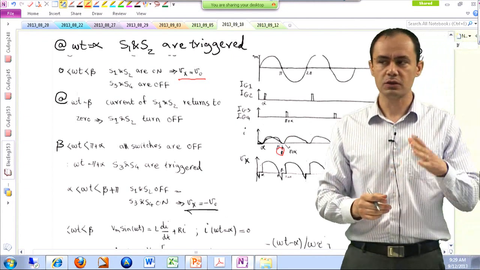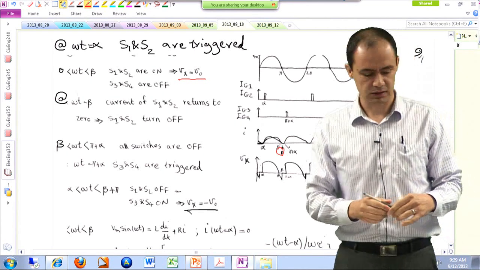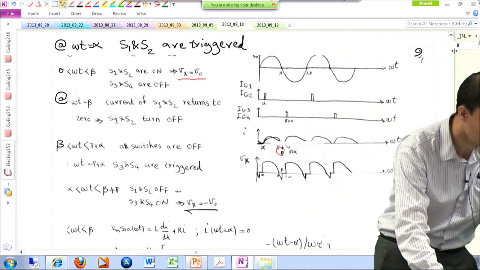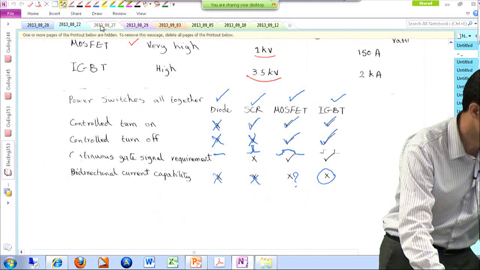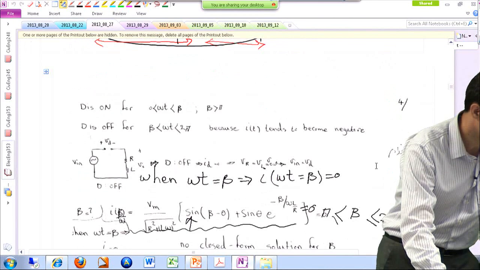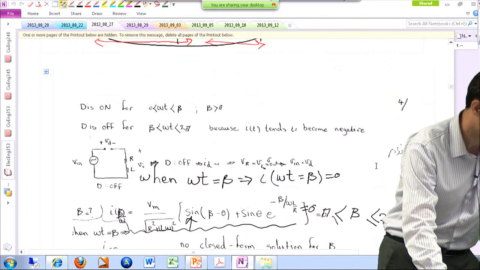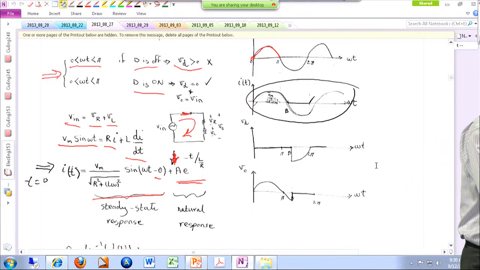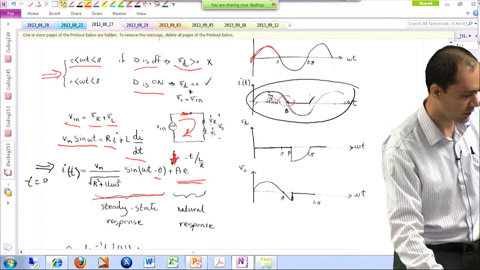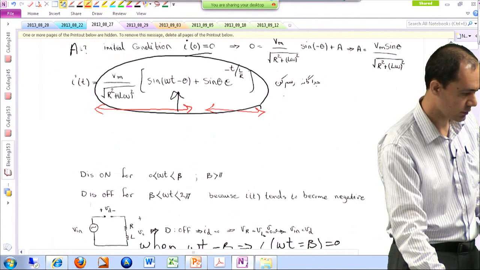So the expression is similar to the expression that we have had in the past. Remember when we were analyzing half wave rectifiers, let me see if I can find it. Like this beta that we had earlier for a half wave rectifier, and we had an expression.